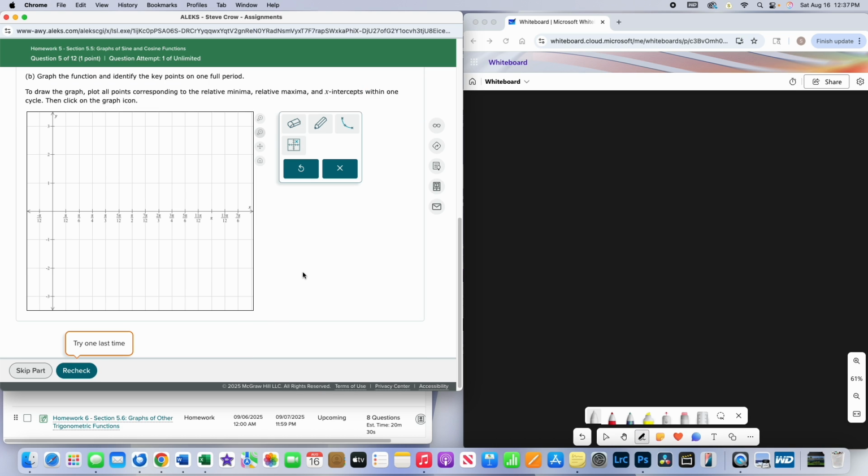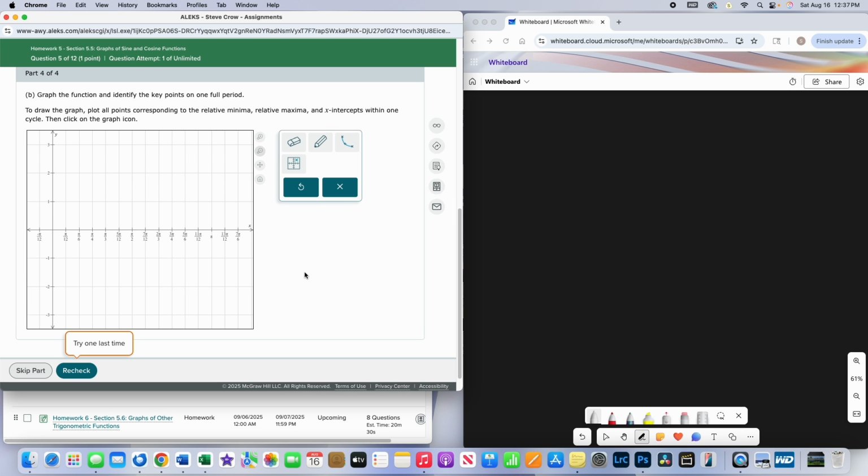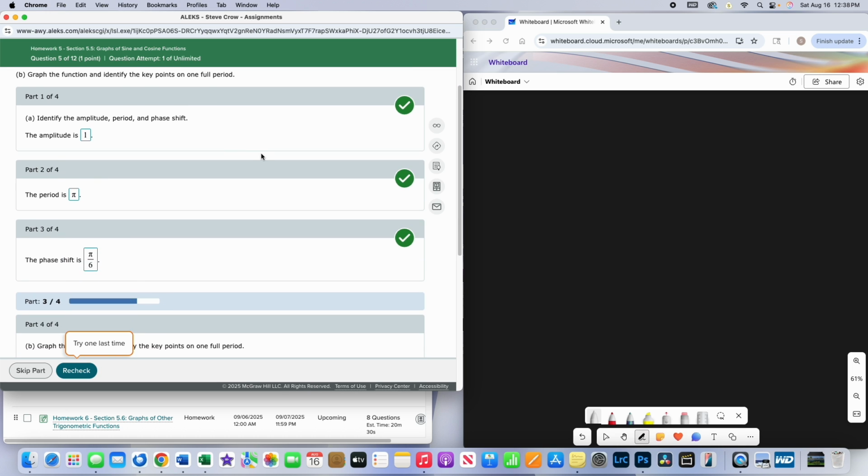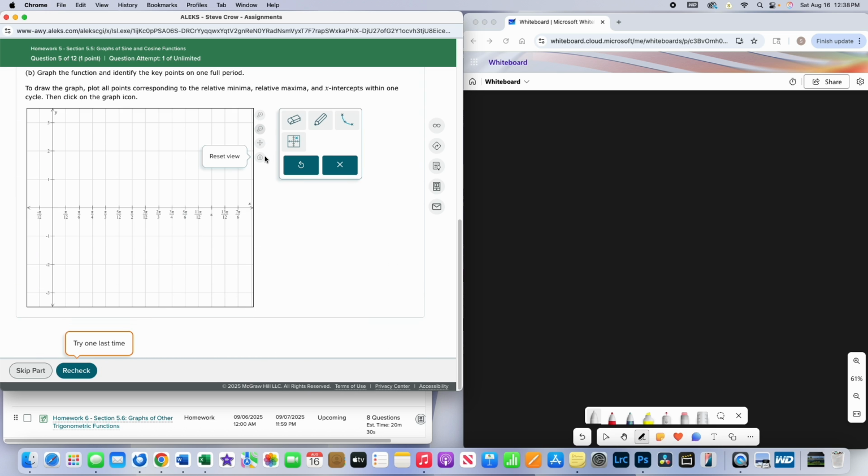Alright, so to graph this thing, what I like to do is take whatever you're taking the sine of, in this case it's 2x minus pi over 3, and I like to put that in between 0 and 2 pi.